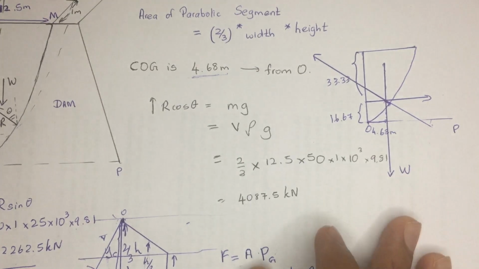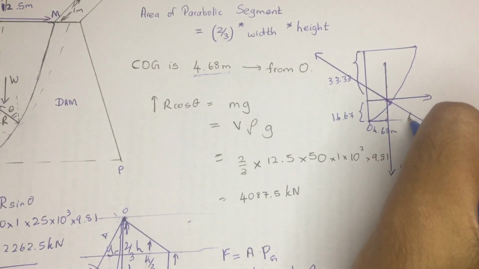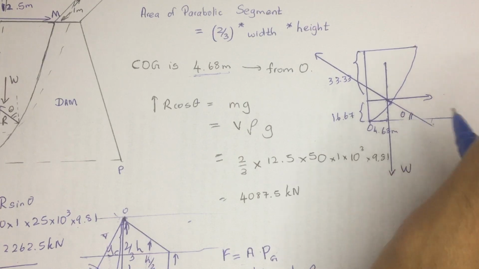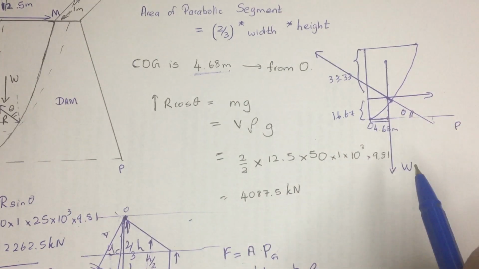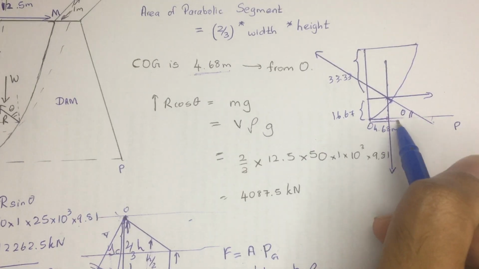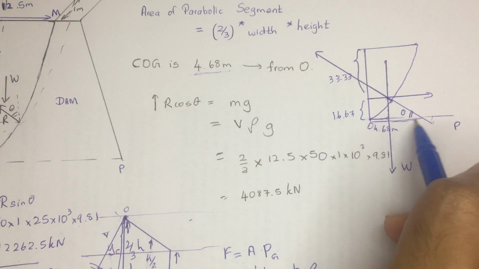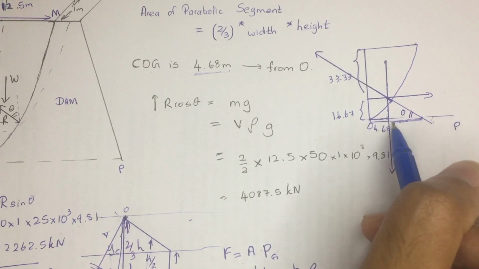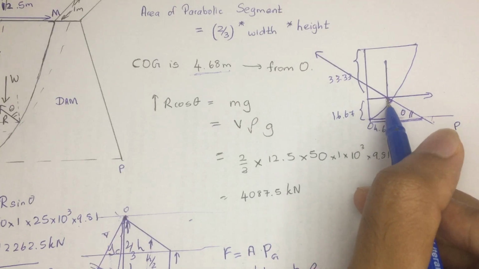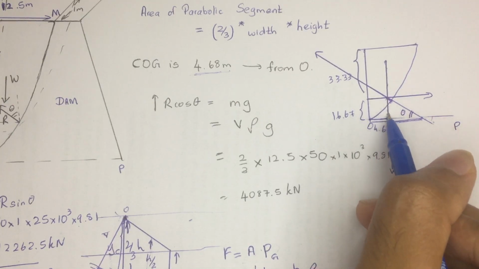I hope you have already tried that. When you are considering that, you need to find the value of this theta, because we knew that this is 4.68. So we need to find this length to find the total length from O to the cutting point. So we need to find this part here now. But here we knew that this is going to be 16.67.